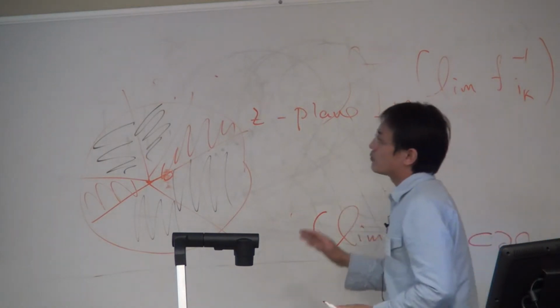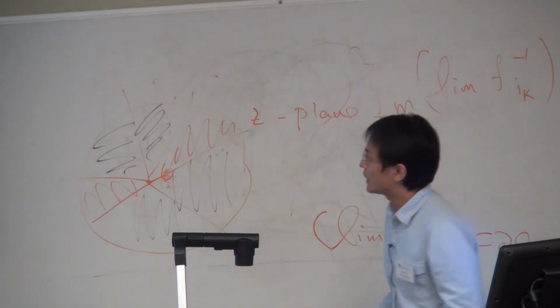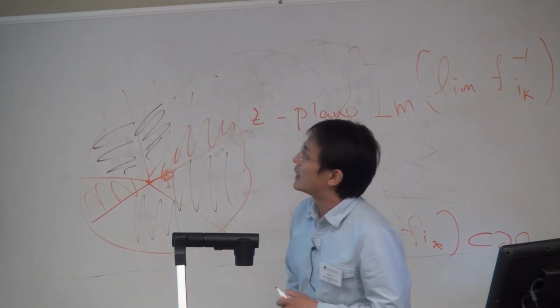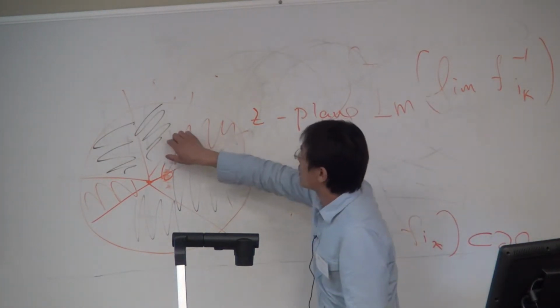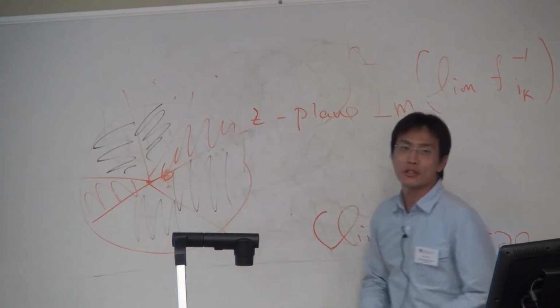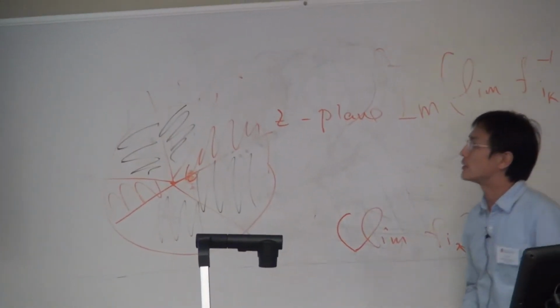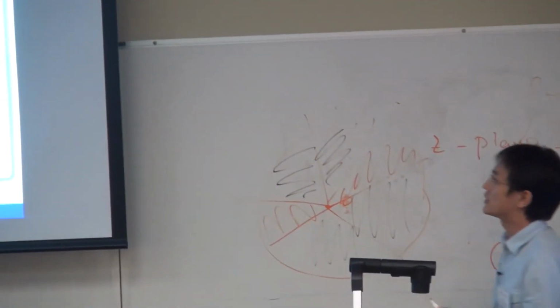So, there are three possibilities. For example, can we have all of P be strongly pseudo-convex? If this happens, we need some steps to do.